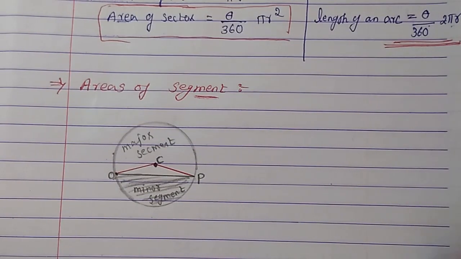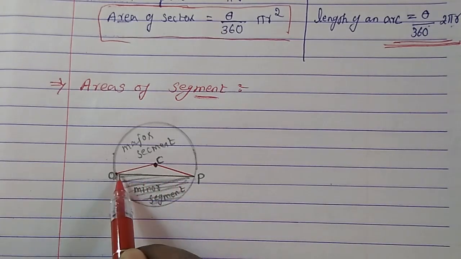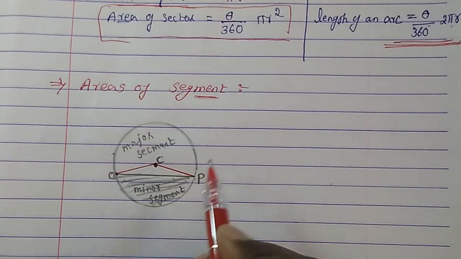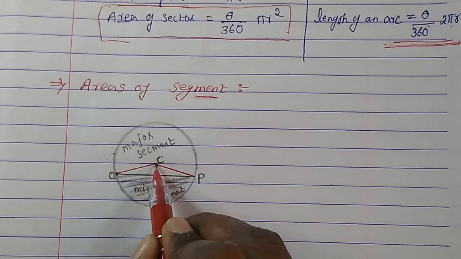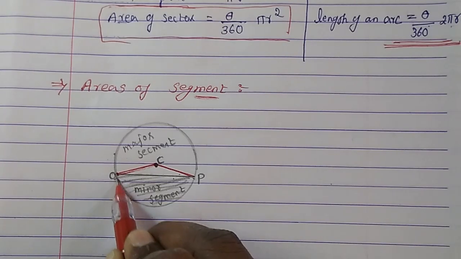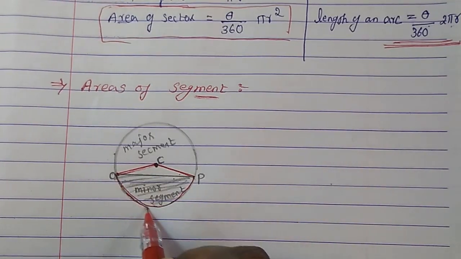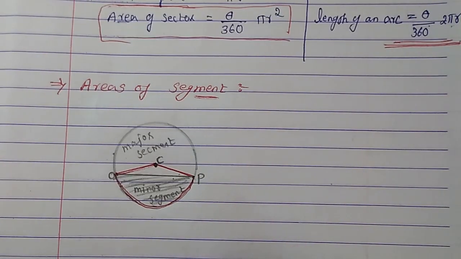Now you see this is a triangle, COP. And this whole thing becomes the sector.